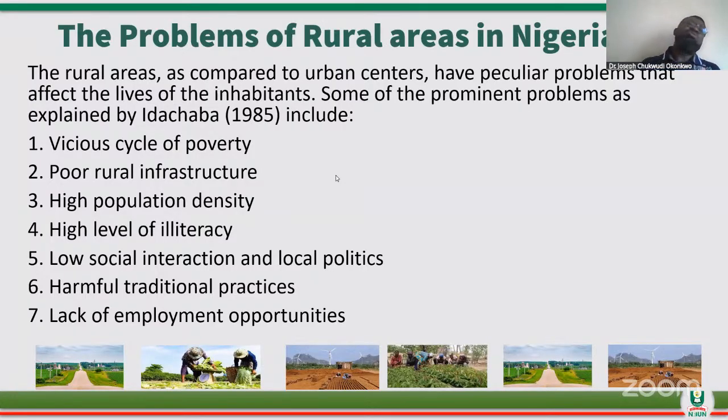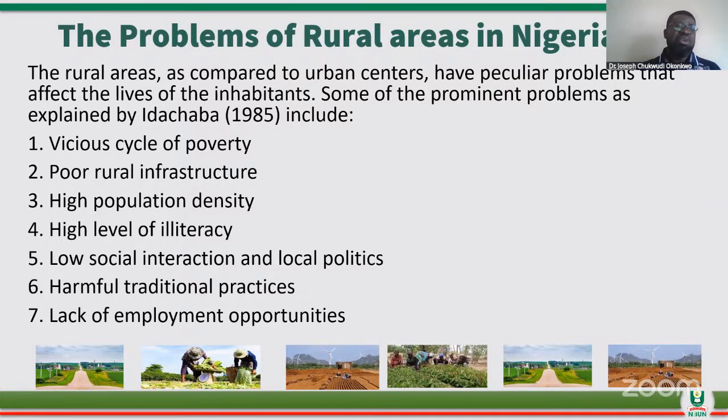Now, what are the problems of rural areas in Nigeria? Look at what you have on your screen. You see that rural areas in Nigeria are compared to urban areas in Nigeria, and they have peculiar problems that differentiate them from the urban people and affect the life of the inhabitants in the rural area. Some of the prominent problems, as explained by Adachaba in 1985, are: 1, vicious cycle of poverty. Number 2, poor rural infrastructure.